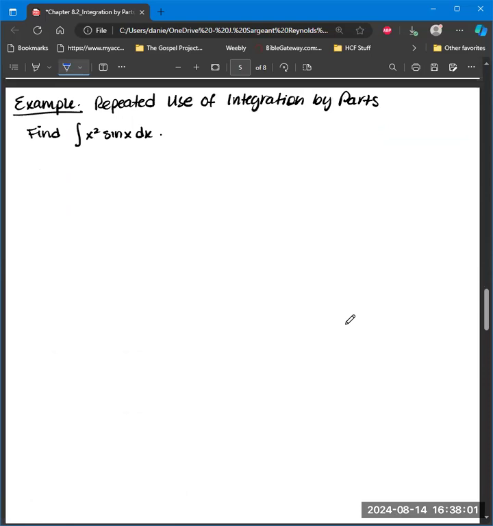Next one here. So repeated use of integration by parts. Let's look at LIATE again to help us decide. So our trig piece is to the right of our algebraic piece. So algebraic piece becomes u, trig piece becomes dv. So du is 2x dx.